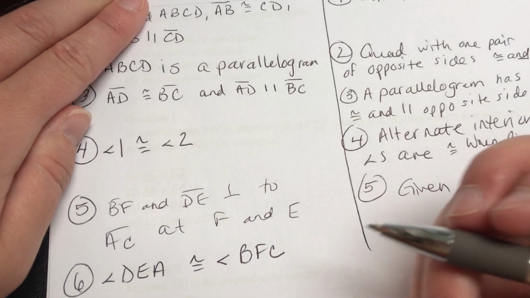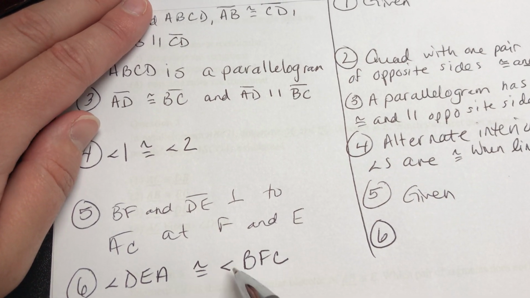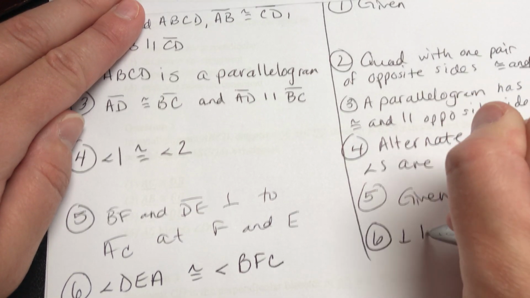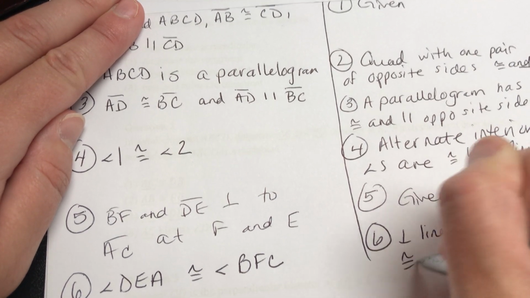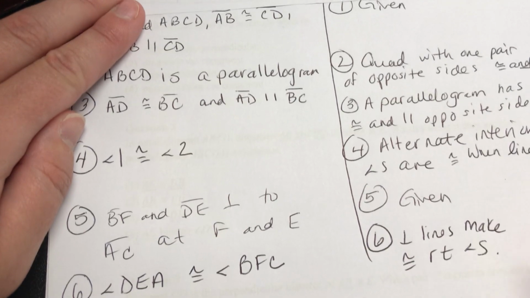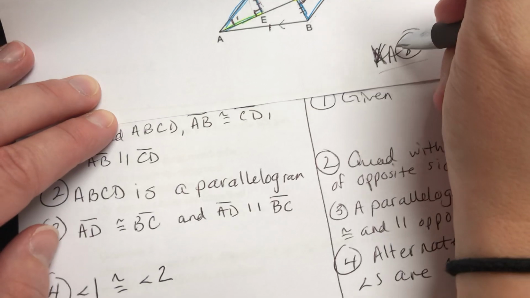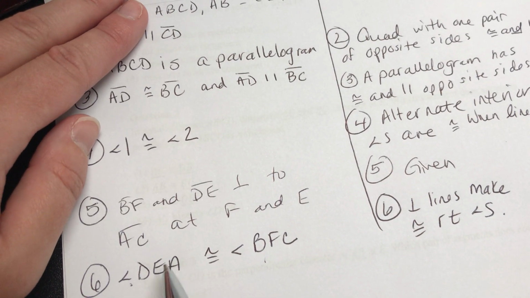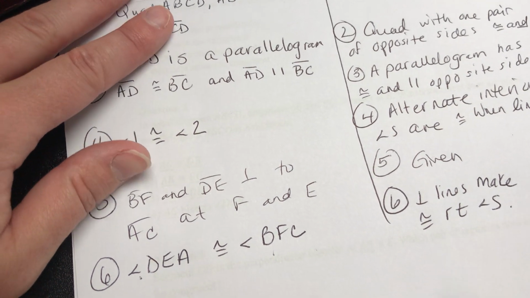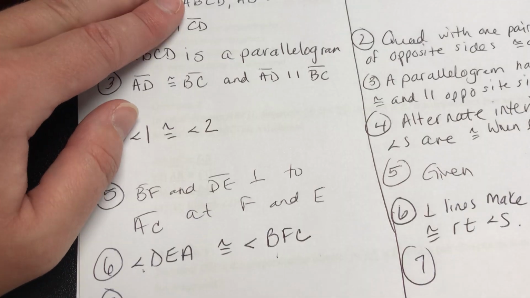I could have named them 3 and 4. I'm just reminding you the proper way to name angles. Those are congruent because perpendicular lines, again, be careful, make congruent right angles, not just right angles, congruent right angles. Okay, so I have my congruent angles for the other one. If I was doing an HL proof, I wouldn't say that they were congruent here. I would say that they are both right angles, and perpendicular lines make right angles. Because for an HL proof, I need a right triangle.